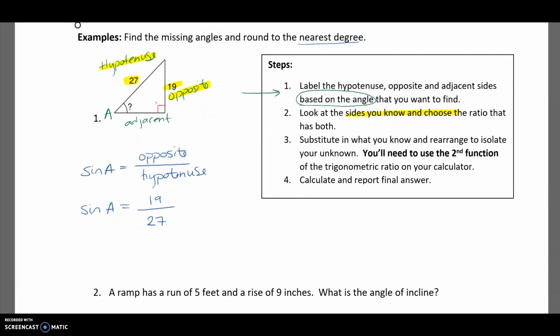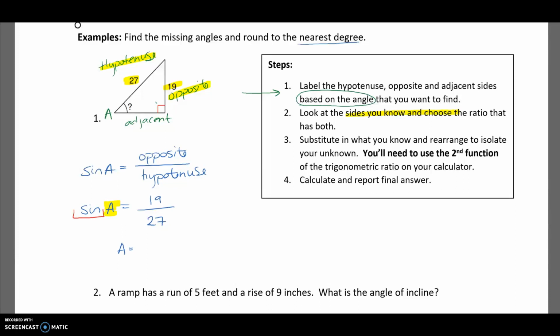Now we're going to try and solve for the unknown angle. I could do 19 divided by 27 in my calculator to get a decimal number, but I'm going to do all the calculations all at once. I need to get angle A by itself, and right now it's attached to this sine function. I need to move that sine function to the other side, and just like anything, we do the opposite of the function on the other side of the equals.